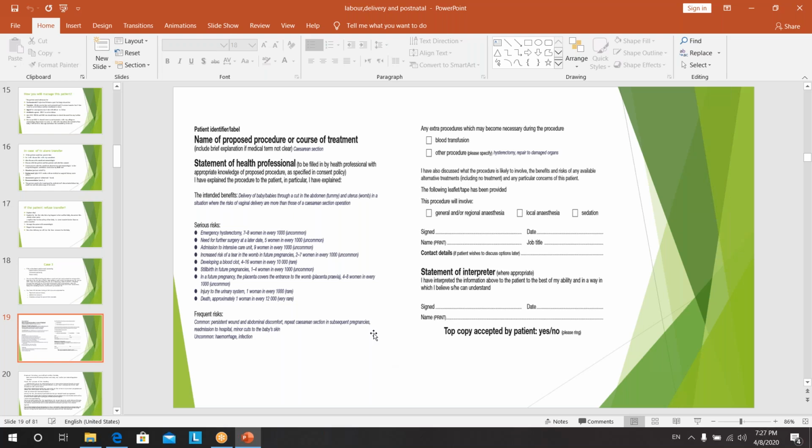Otherwise, you did well in covering all the points in the scenario. Also, one point I wanted to comment on: reviewing the patient notes. You have to tell the examiner that you want to review the patient's previous notes, to see how her surgery went, whether there was any complication during her surgery or not. What was the type of incision she had? She may have a classical uterine incision.